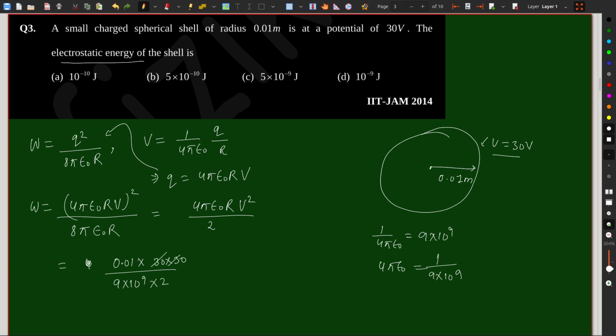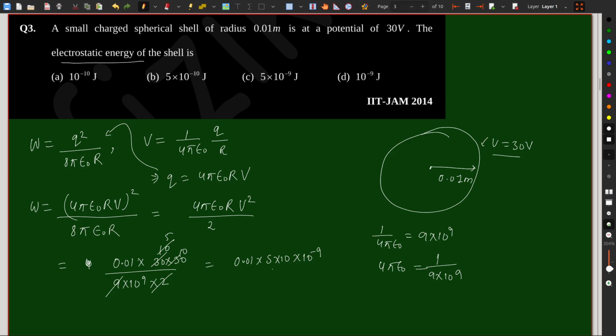So 3, 3, 10, 10. This 9 will cancel out, and this will be 0.01 multiplied by 5 multiplied by 10 into 10 to the power minus 9.